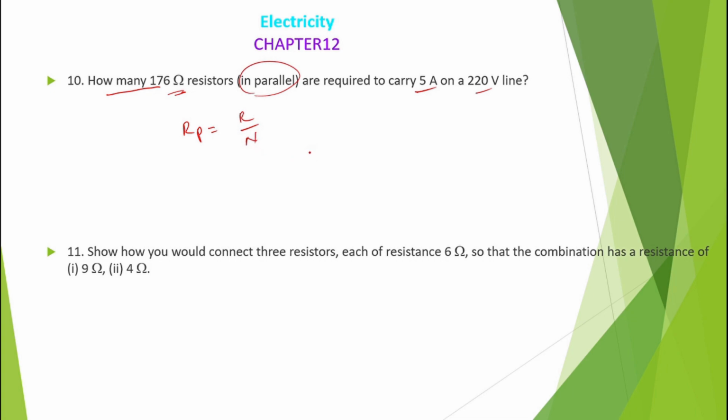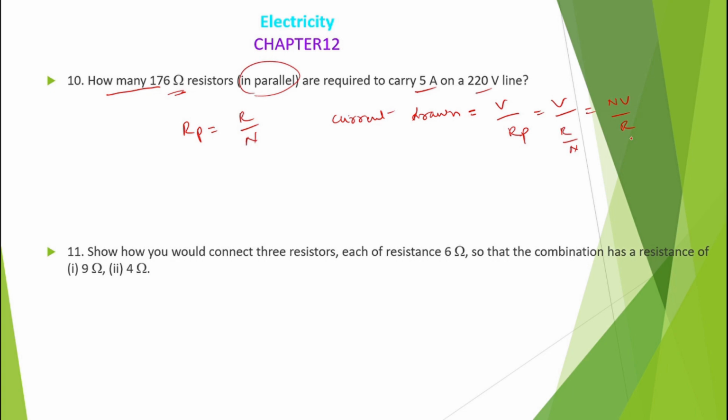Correct, no? Okay. So current drawn is equal to V by RP. So that is equal to V by RP means V by R by N. If we simplify, we will get N into V divided by R.